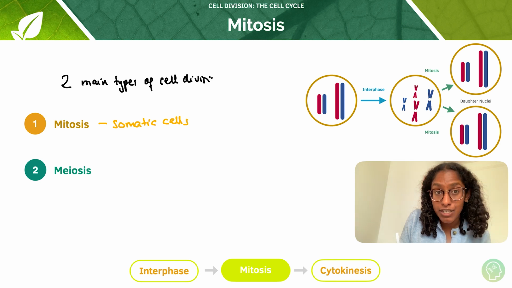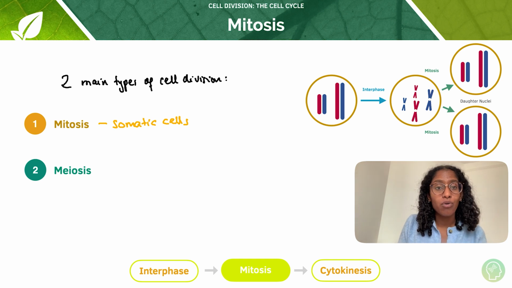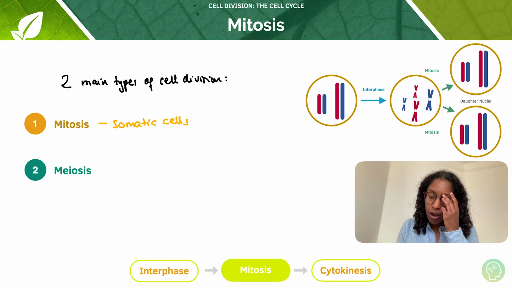Number 1, mitosis, and number 2, meiosis. So as I said, mitosis is that replication or the splitting of a parent cell into 2 identical daughter cells. Now, meiosis is slightly different.